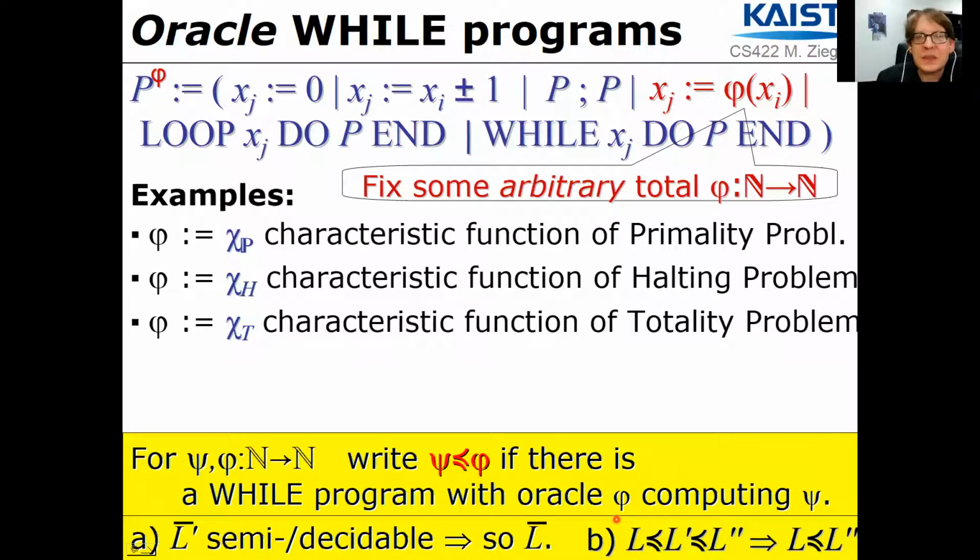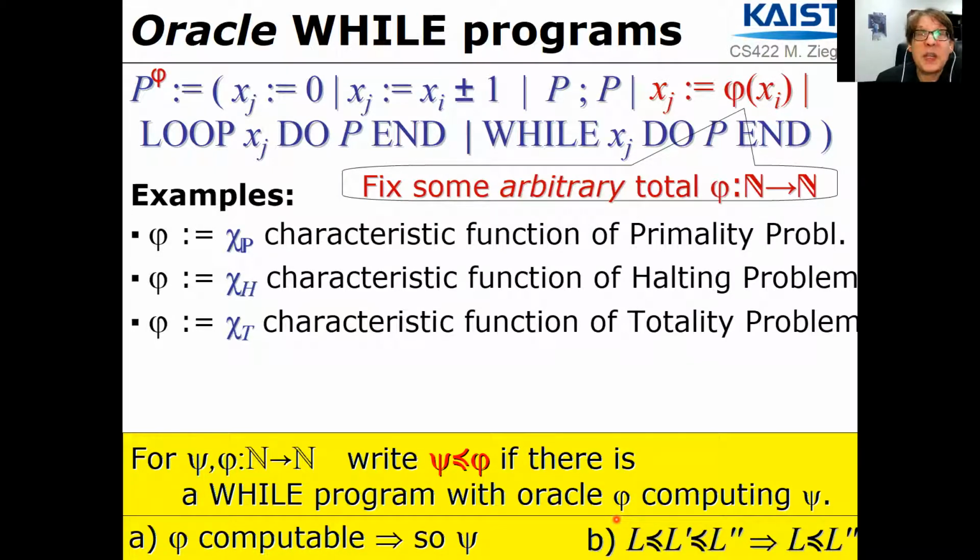I want to ask you to verify that this new notion of reduction first generalizes the previous one in terms of a characteristic function. And secondly, that it satisfies the same properties, and in particular, transitivity.